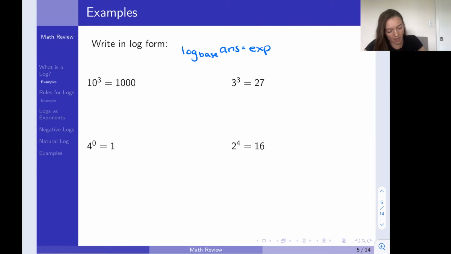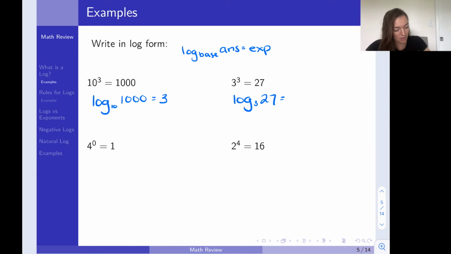For the first one, I have log, my base is 10, of 1,000 is equal to 3. Now I have 3 to the 3 is equal to 27. So log, the base is 3. The answer is 27. So it's log base 3 of 27 is equal to 3. So I have to raise 3 to the power of 3 to get 27.